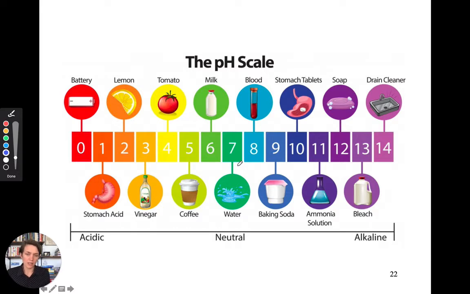Now, in water, that neutral pH of 7 lets us know that our hydrogen ion concentration is equal to our base concentration, or hydroxide concentration.